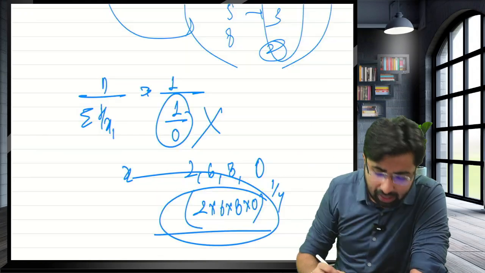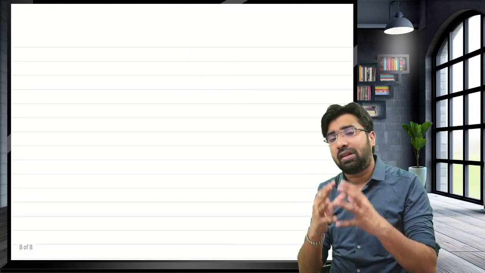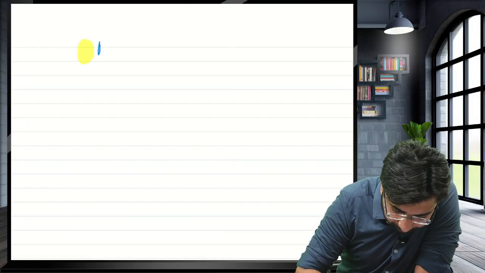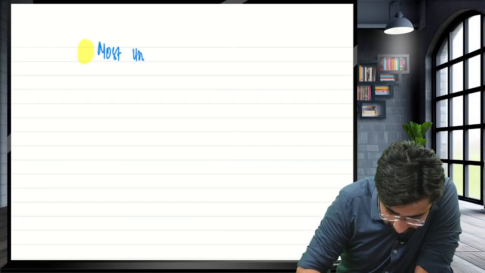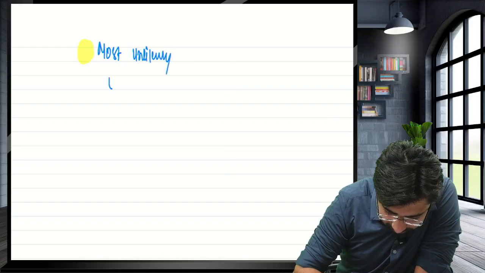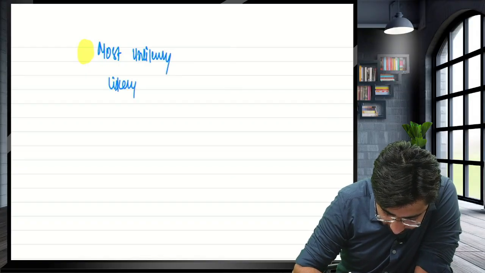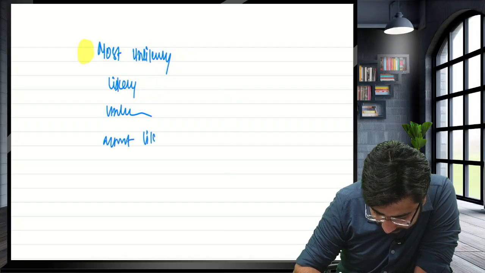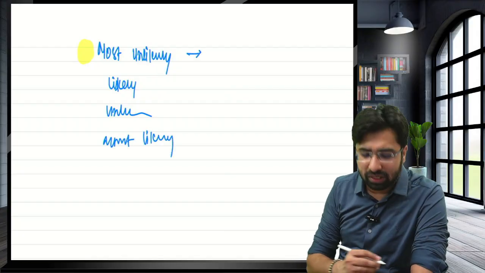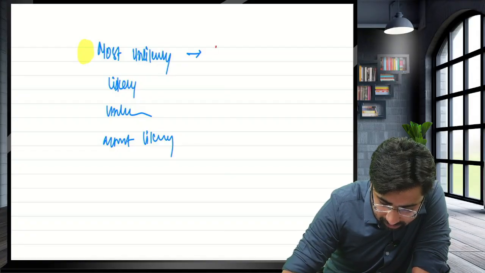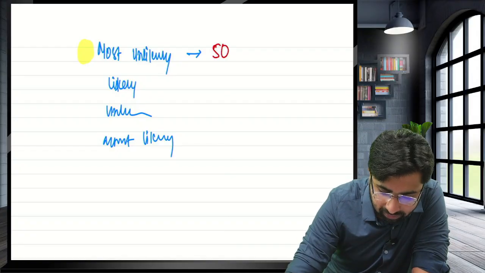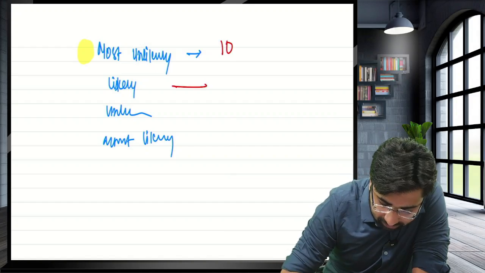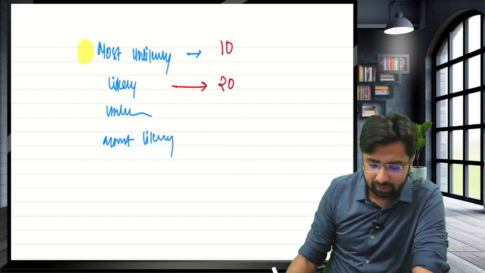So I do not have any fixed numeric value. What I have is: most likely, likely, unlikely, most unlikely. Out of 100 students, 50 students said most likely, you can go. 10 students said most unlikely. 20 students said likely.